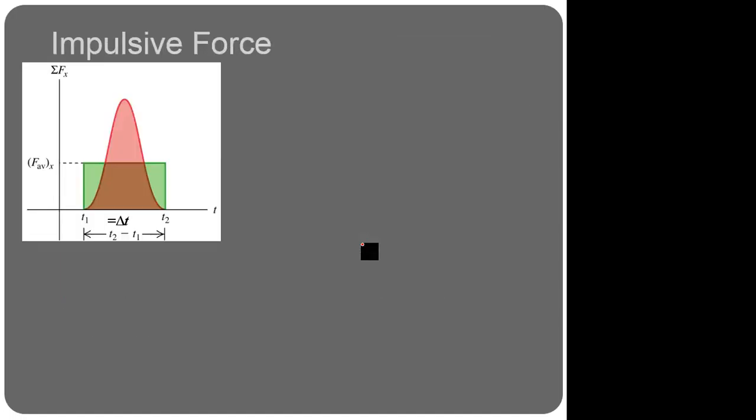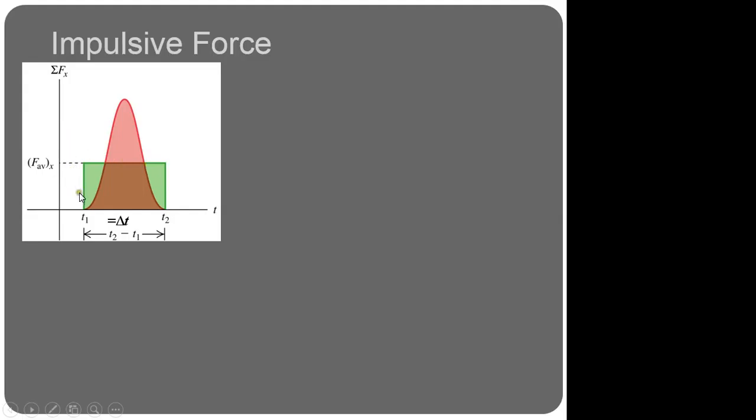Next, that's easy. So, impulsive force. Most impulsive forces look like this red shape here. If I were to throw a ball on the ground, you would expect to see a force like this. But in physics, it's very hard to describe a force like that. So usually we say there's an average force where the areas are exactly the same.